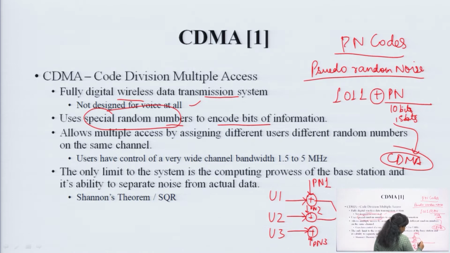Whatever we get is added together and then transferred over a channel, then again it will be separated, and whatever PN code we have used, let us say here we have used PN1, then PN1 is to be used over here, PN2 is to be used over here, PN3, then it will be delivered to the respective receiver.